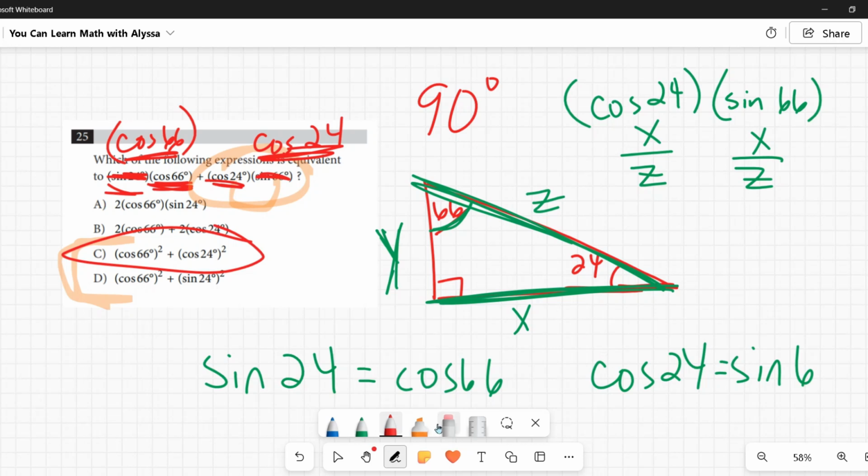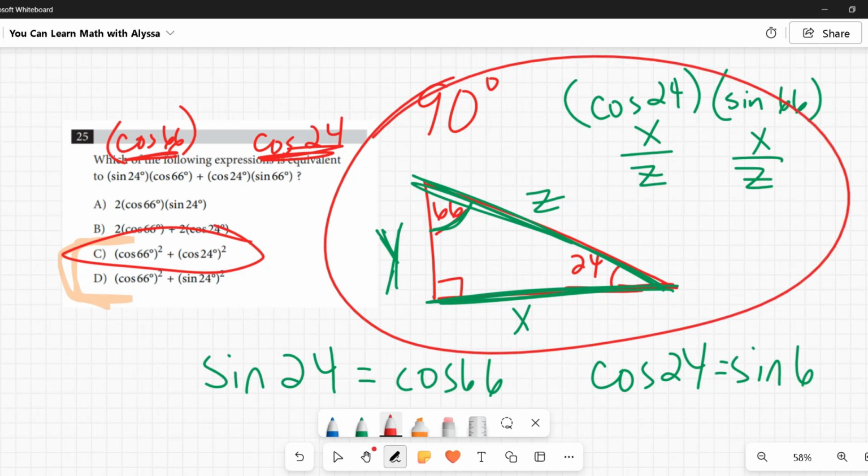So again, this is all going to be about if when you look at these and you realize, wait a minute, 24 and 66, okay, that's the sneaky thing that's going on. They're in the same triangle. Now, I did all this to show you why this is true.